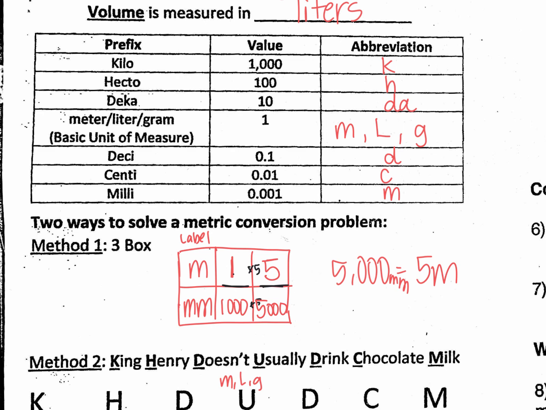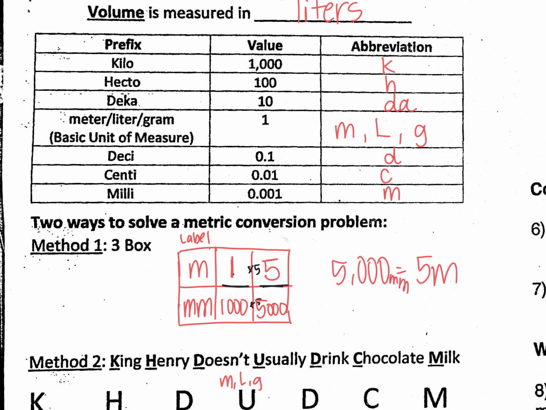I have a little c, so I'm going to come into my mnemonic device here and find my c. So this is where I'm starting, and we're going to do a lot of practice with this in just a minute. So here's where I start. I want to end up at the K. So I want to end up all the way over here.